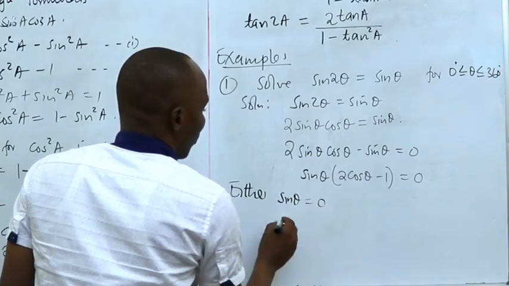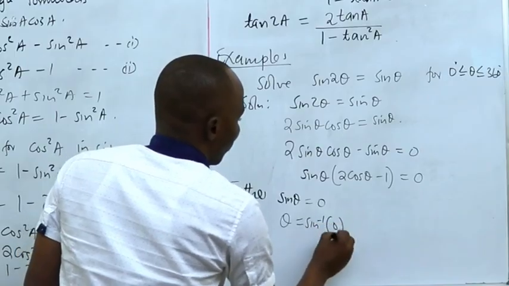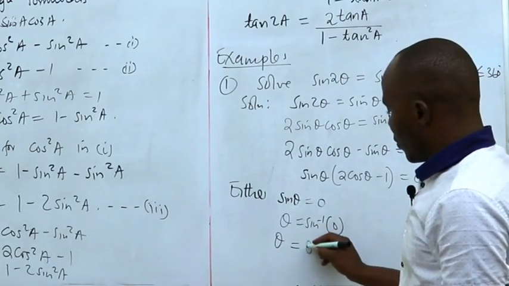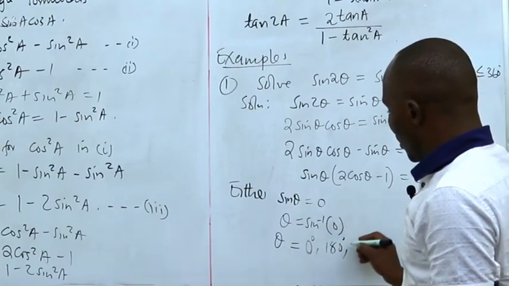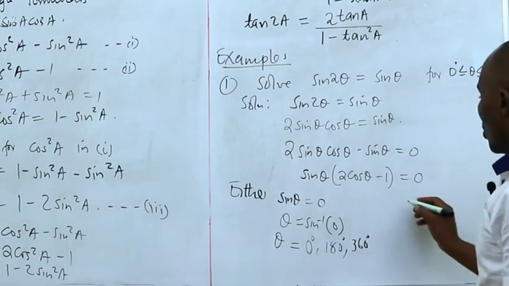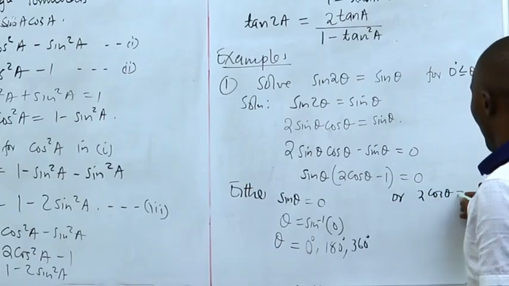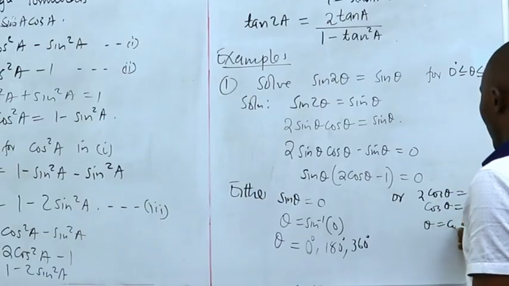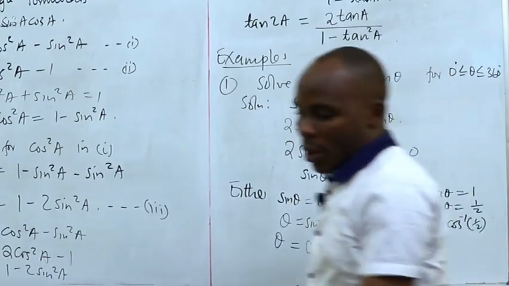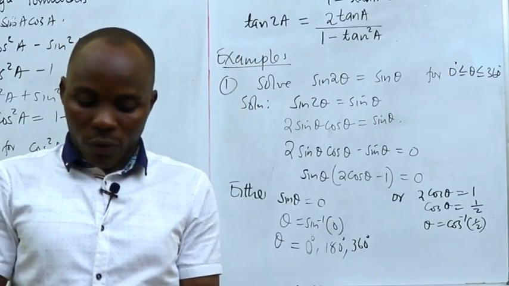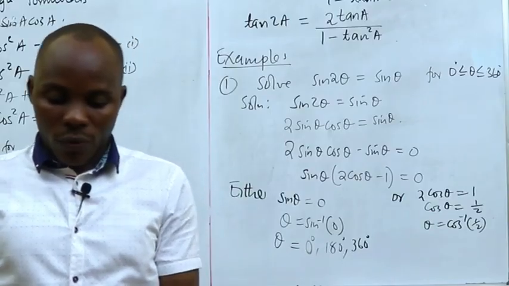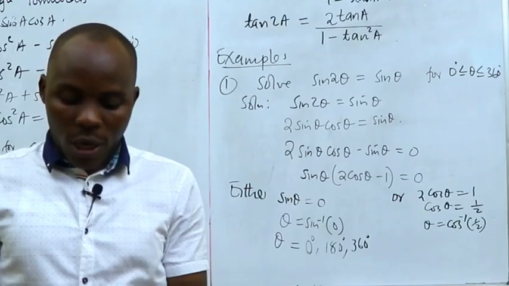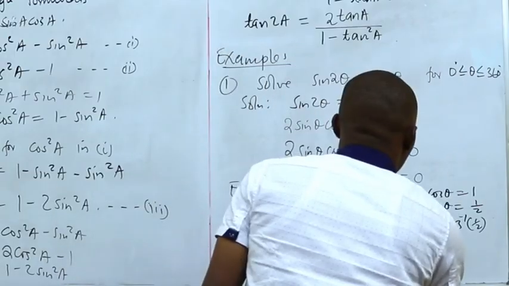sine theta is equal to 0, meaning theta is the sine arc of 0. Along the horizontal line, starting with 0 degrees, we have 180 degrees and 360 degrees. Or 2 cos theta is equal to 1, so cos theta is equal to a half. So theta is the shift cos arc of a half, which gives you 60 degrees.